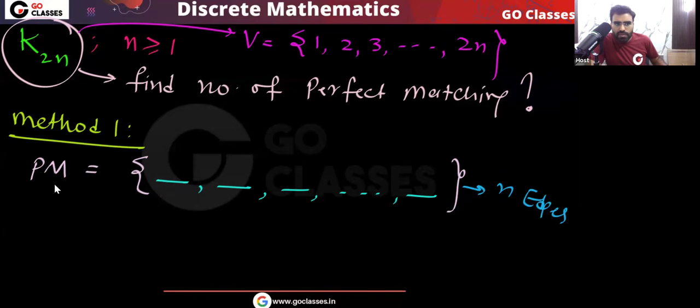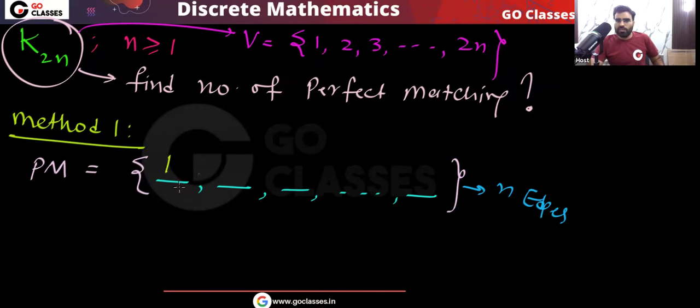Because this perfect matching will cover all the vertices, vertex 1 also should be covered. Now, for vertex 1, I need to take one edge which will cover vertex 1. Remember this is a complete graph, so every 2 vertices are adjacent.